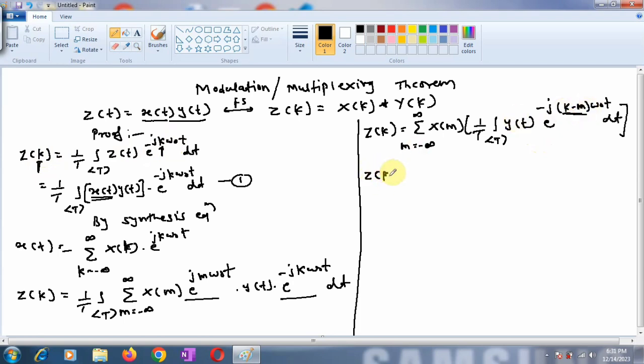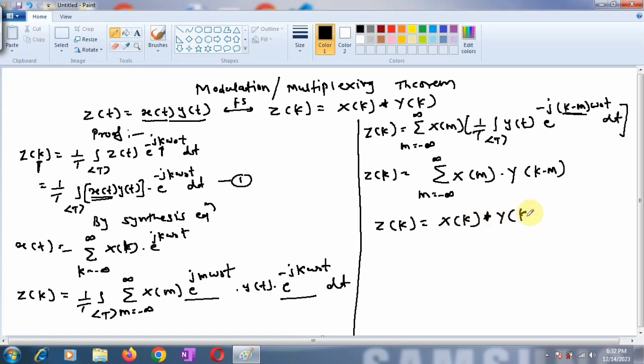So now we can write it, according to the definition, z of k is equal to summation m is equal to minus infinity to infinity x of m into y of k minus m. And if you see, this is nothing but the equation of a convolution, which is ultimately written as z of k is equal to x of k convolved with y of k. This is nothing but the required proof.